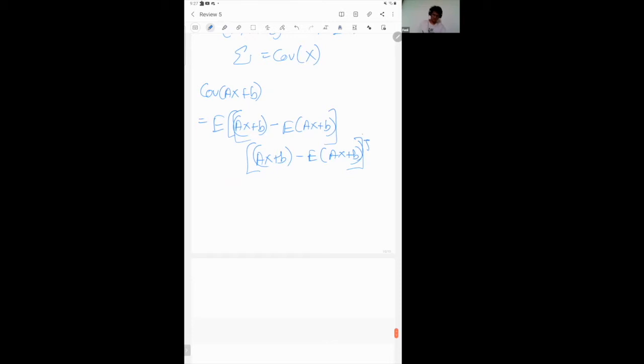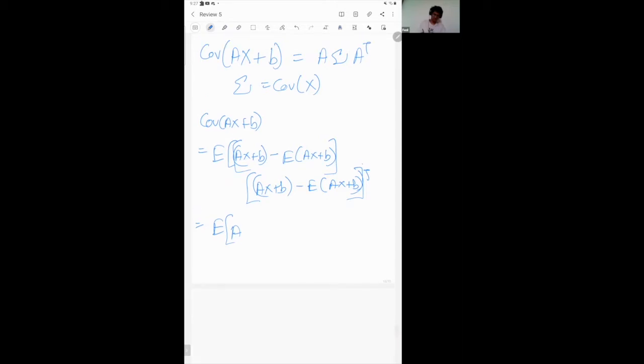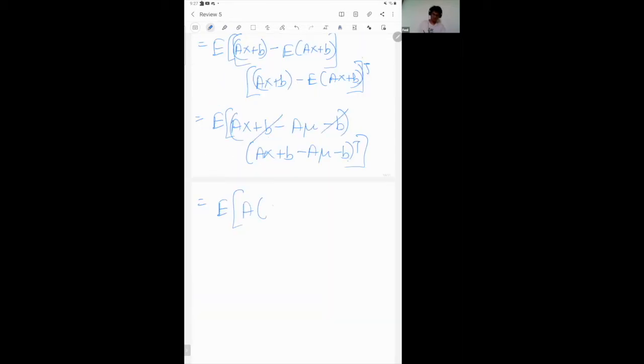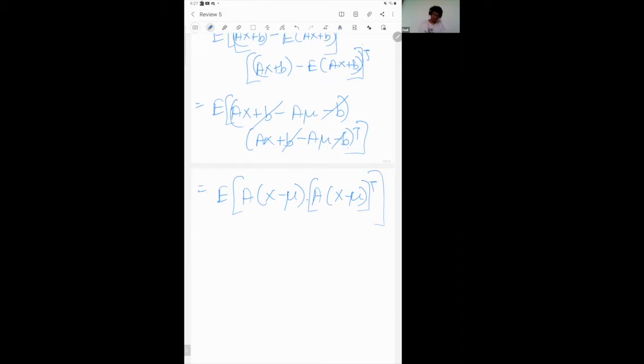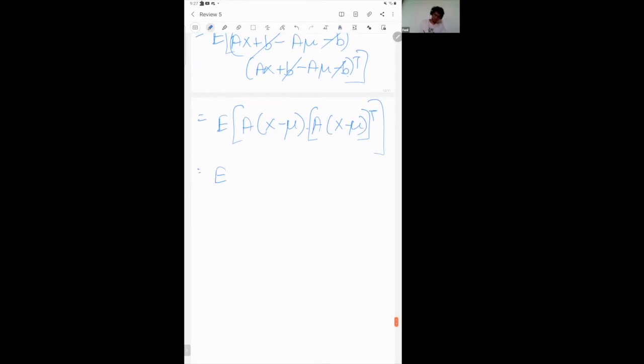So this becomes ax plus b minus a mu minus b, times the same thing, transposed. B cancels out. You can take a as common, x minus mu, and again b and b cancel out. Again we can take a as common, and we can do that because matrix operations are associative. If you remember, (AB) transpose is B transpose A transpose. So this simply becomes (x minus mu) transpose A transpose.